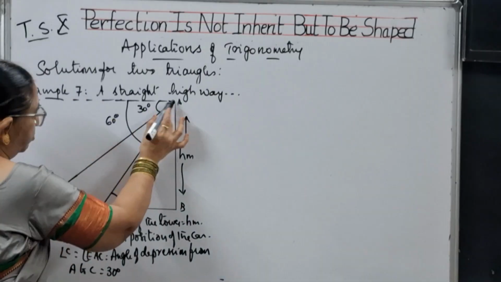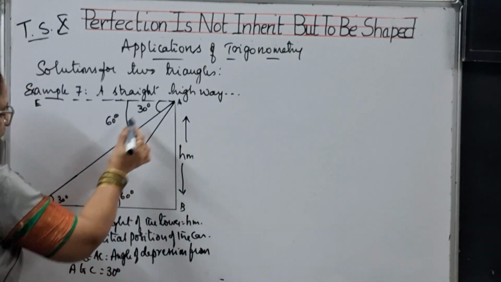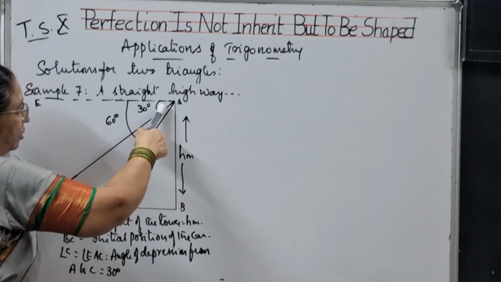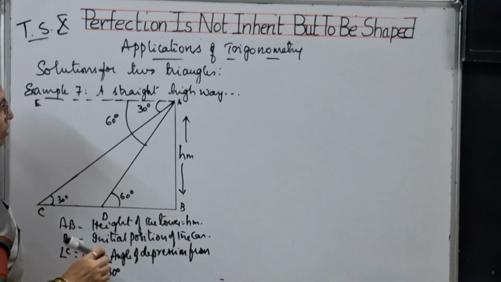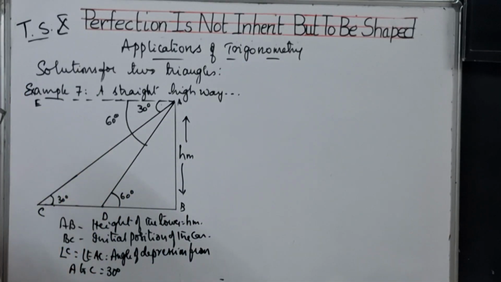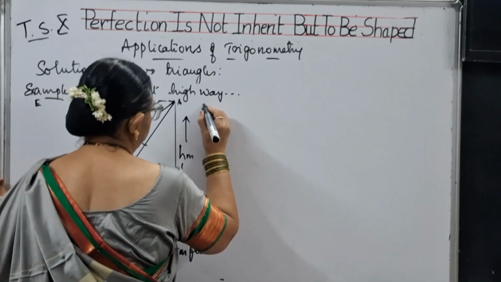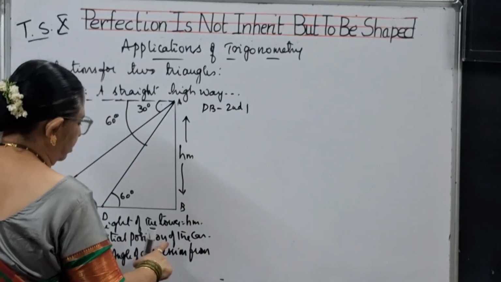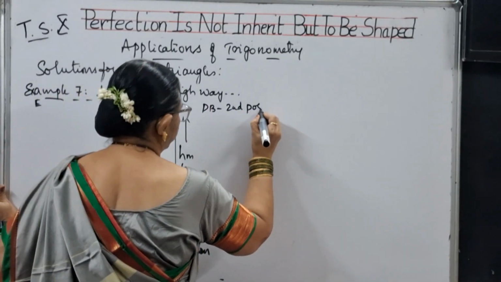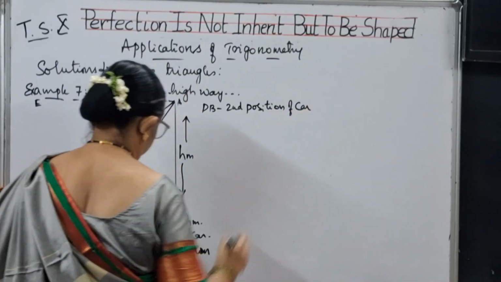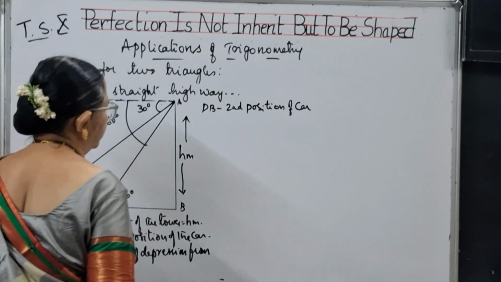These two lines become parallel lines, so these two are alternate angles. Already in one problem I have explained, these two alternate angles are always the same. So this is 30 degrees, this is also 30 degrees. Then DB is the second position of the car.